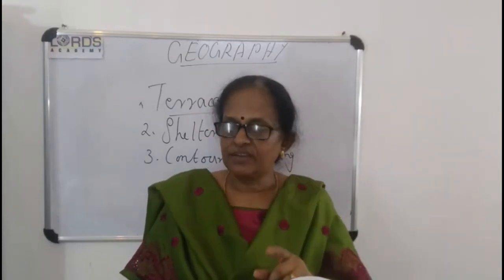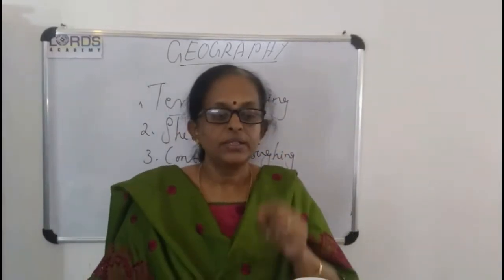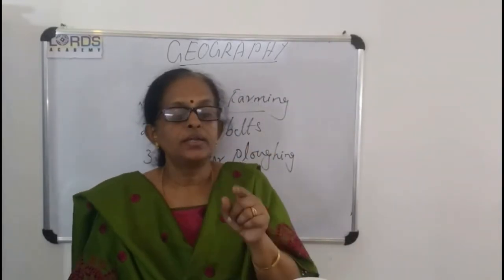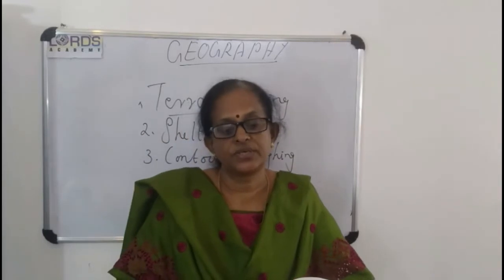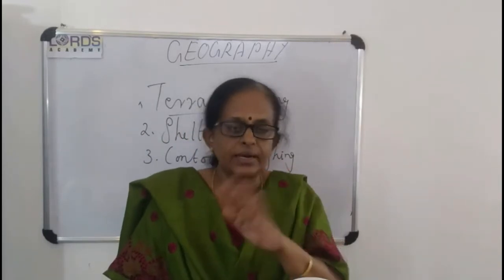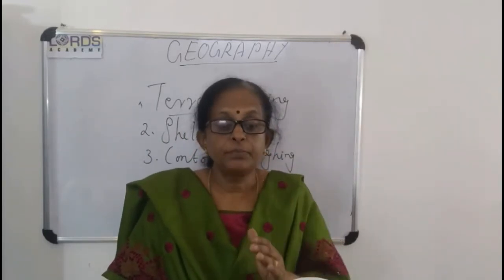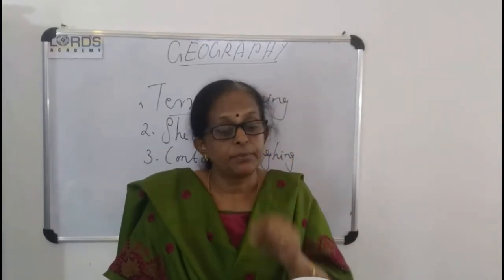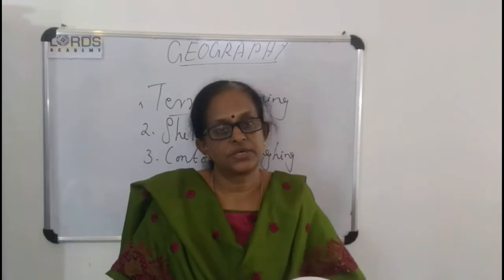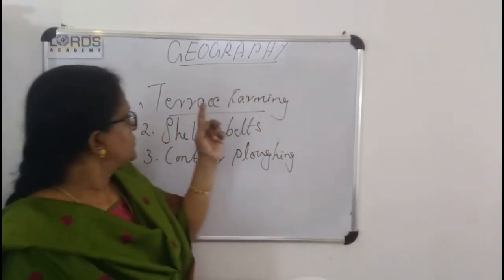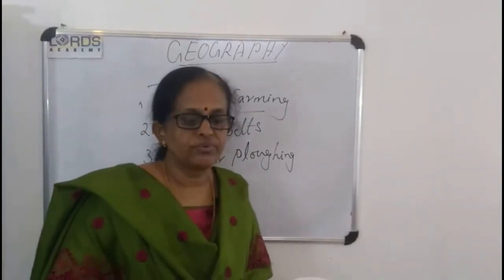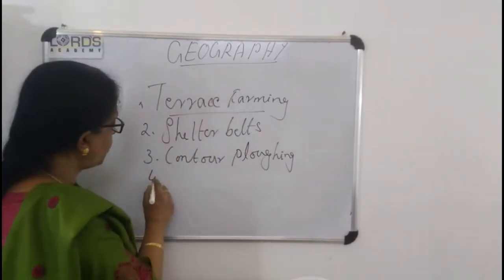When we studied terrace farming, it is also very successful in Japan, Southeast Asia and USA. Here we added China also. Contour ploughing is common in Japan, China and Southeast countries. Okay, therefore, first one is terrace farming, second one shelter belts, third one contour ploughing, fourth one strip cropping.